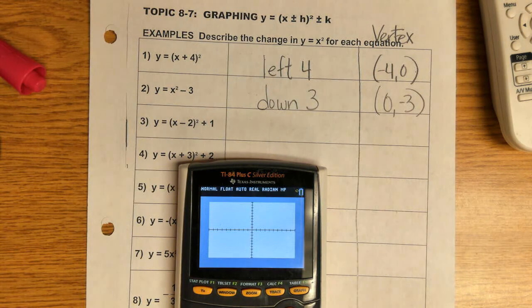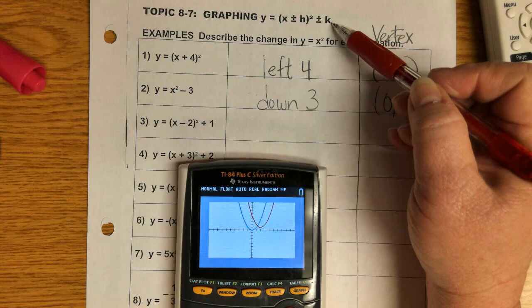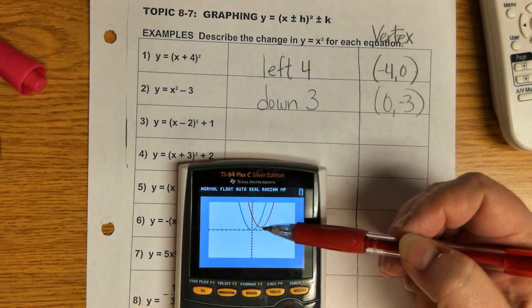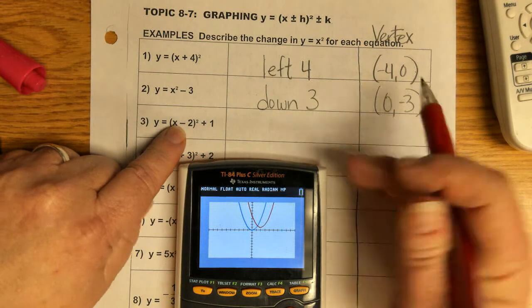We're going to graph that. There's the parent. Oh, now what happens? So this plus or minus k moved your parabola up 1. The minus 2 moved it right 2.